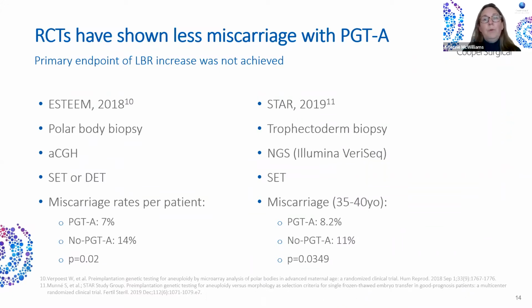So what tools do we have to perhaps predict when a miscarriage or when aneuploidy is present and possibly avoid miscarriage? Well, in the IVF space, I think we're familiar with preimplantation genetic testing for aneuploidy, or PGT-A.